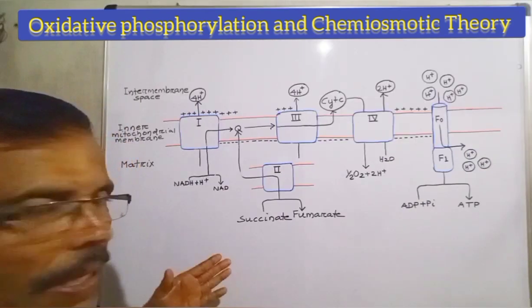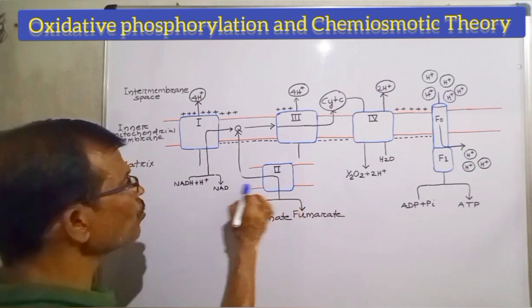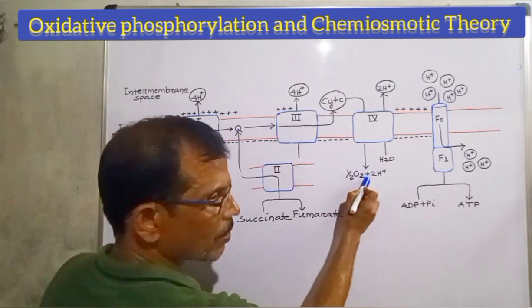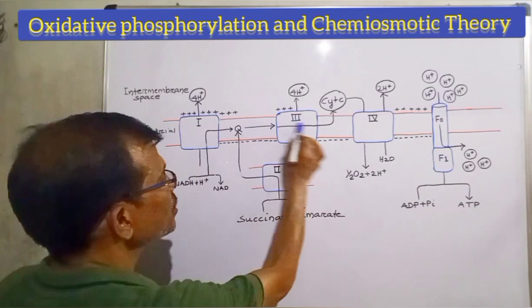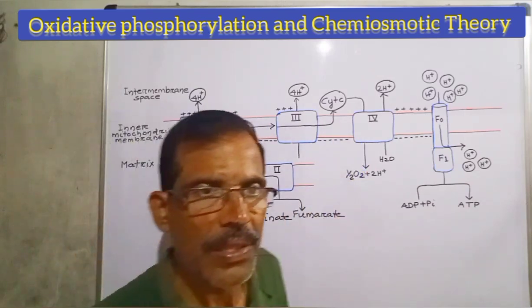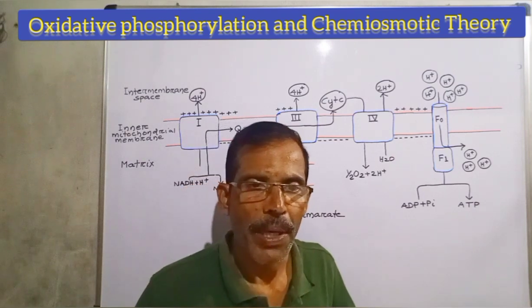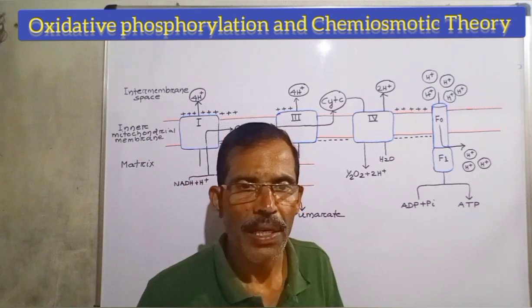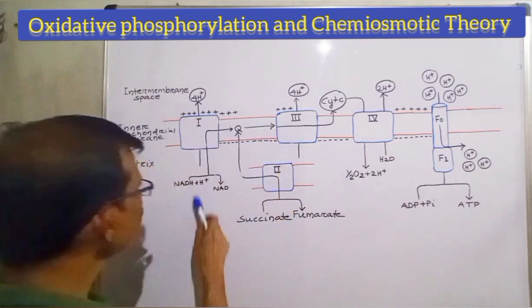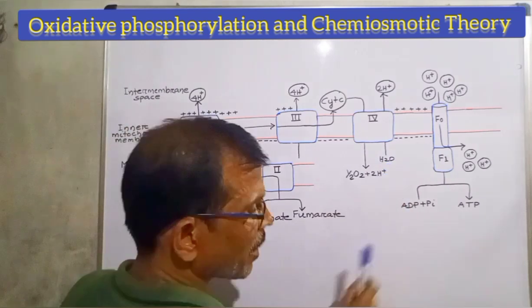This transfer of electrons releases free energy that drives the synthesis of ATP from ADP and inorganic phosphate. The series of electron carriers constitute the respiratory chain.